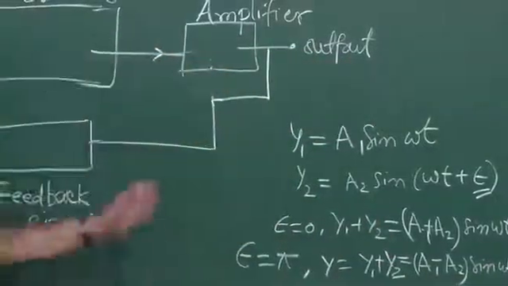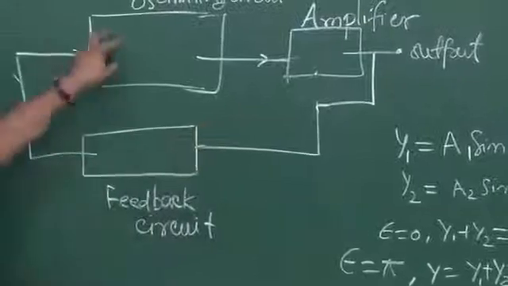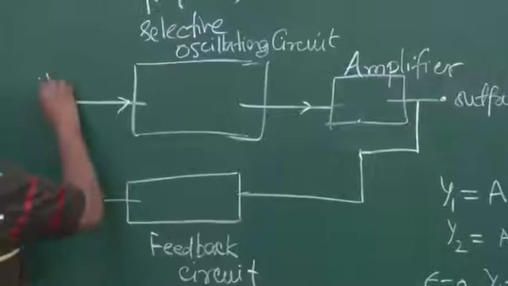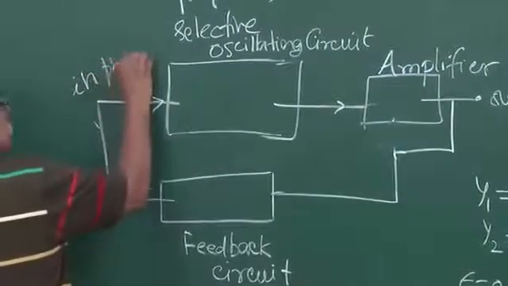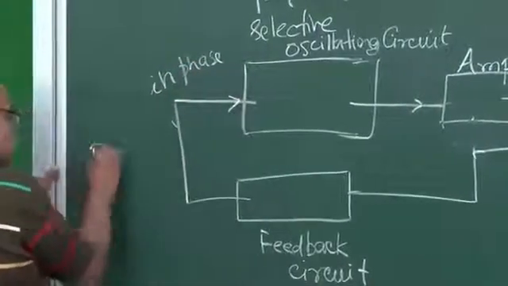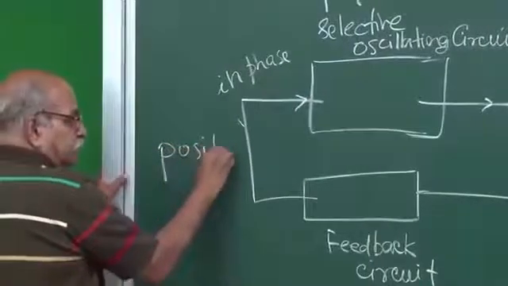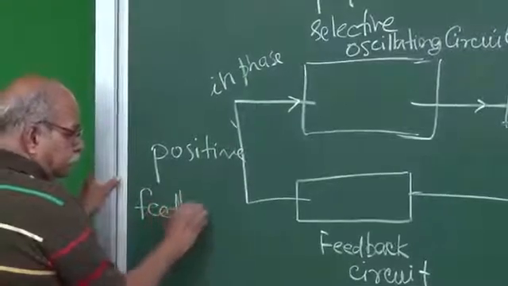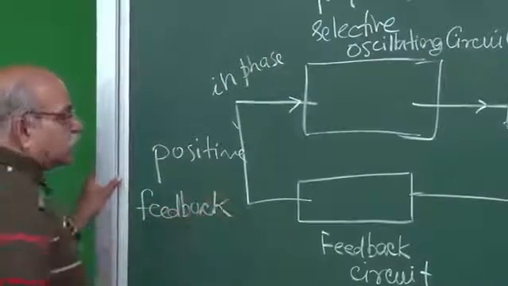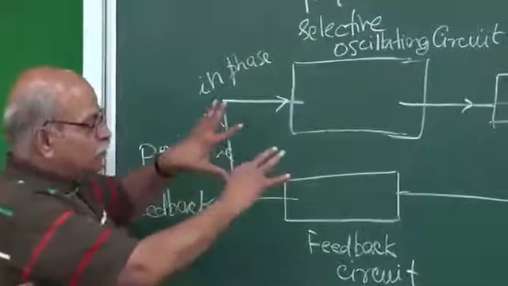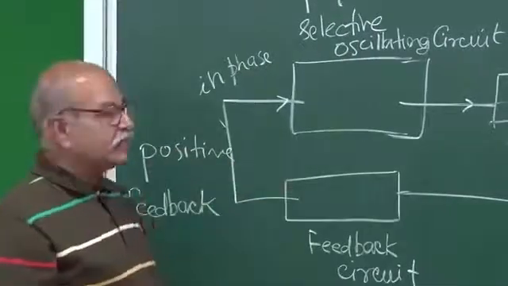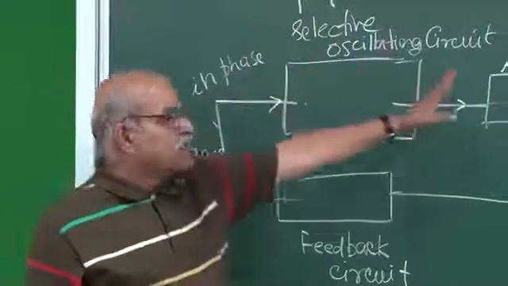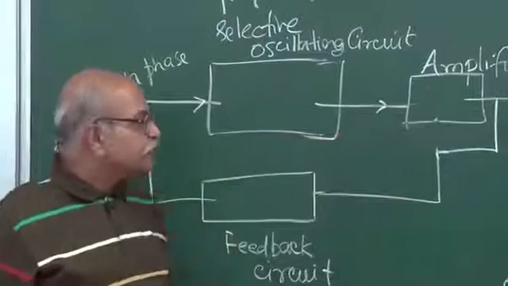So it's important that the signal which you are adding to this oscillating circuit should be in phase, known as positive feedback. So essentially this is the thing which has to be implemented. Circuits are made to do this kind of thing, and the transistor actually comes here.